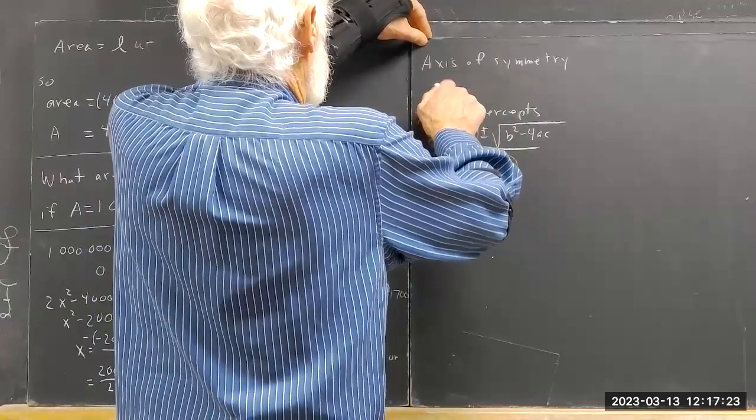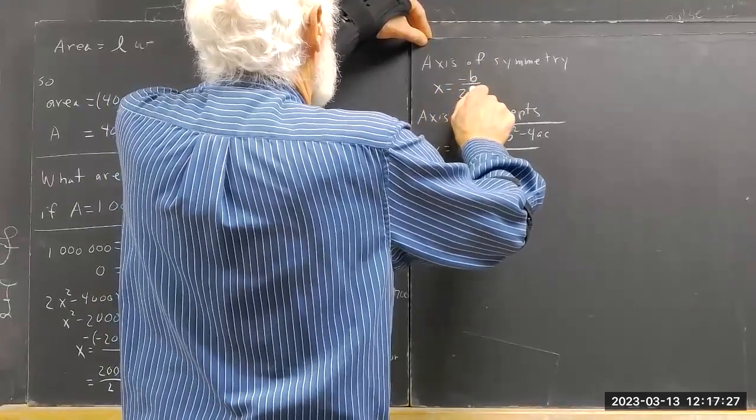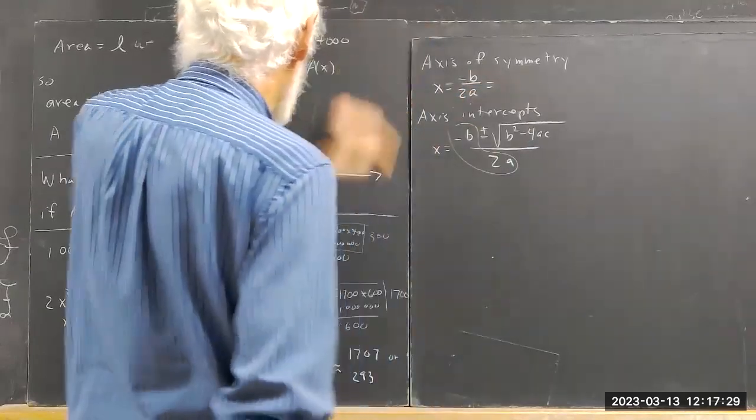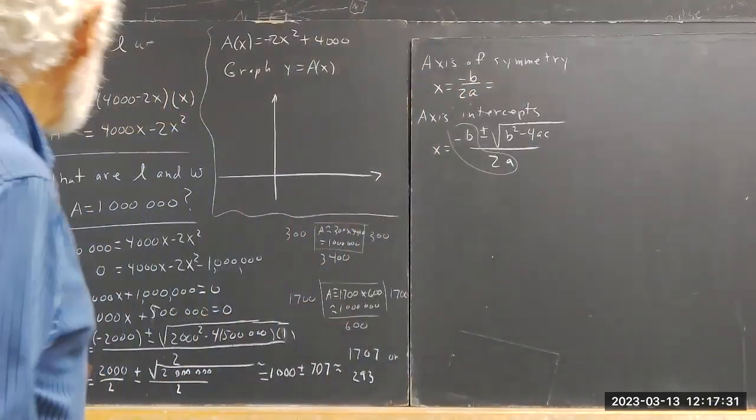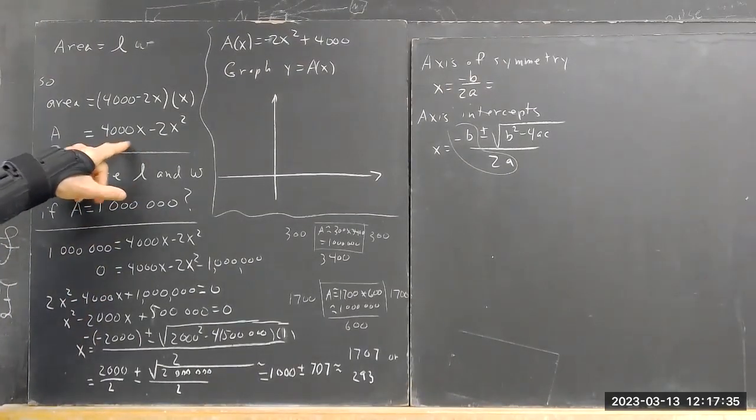That indicates the axis of symmetry is at negative b over 2a, which is going to be what? Well, b is what's in front of x, and that's 4,000.